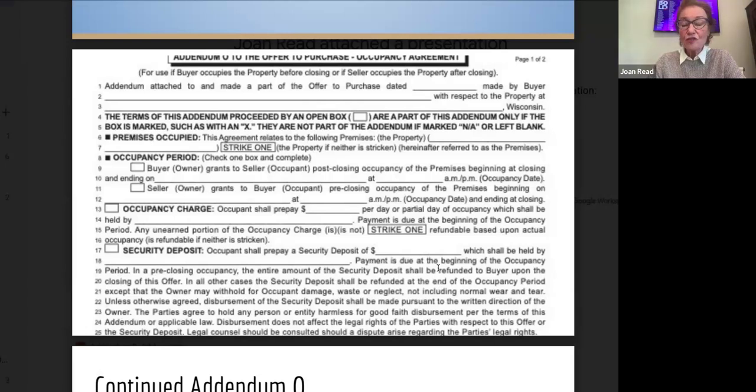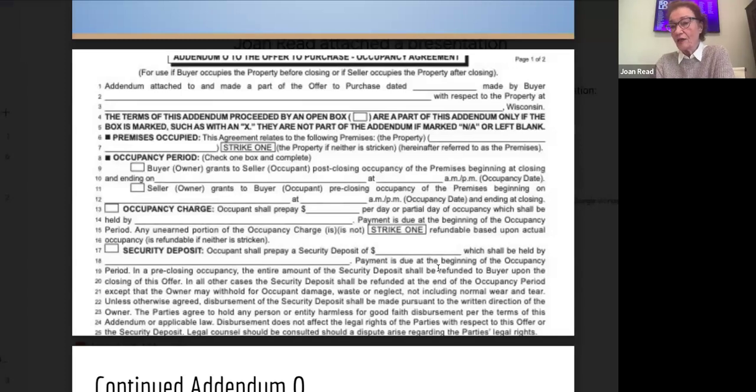Again, that all depends too on how long they're staying. If they're just staying through the weekend, or they're just staying an extra day in order to get all their stuff out, you may not want to do an occupancy charge if you trust them, or the next thing, a security deposit.